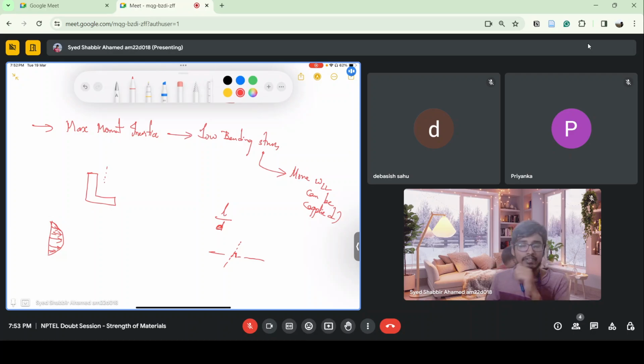We can sum the various effects. We can calculate the single effect separately due to bending, due to axial force, due to torsion, whatever, everything is calculated separately and you can sum it up accordingly to give the net effect.